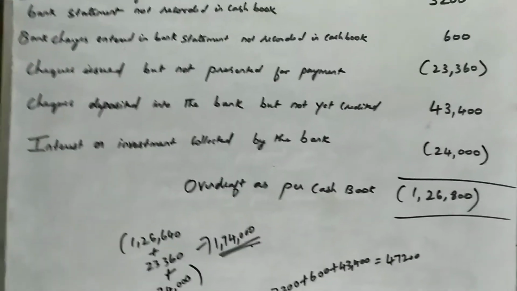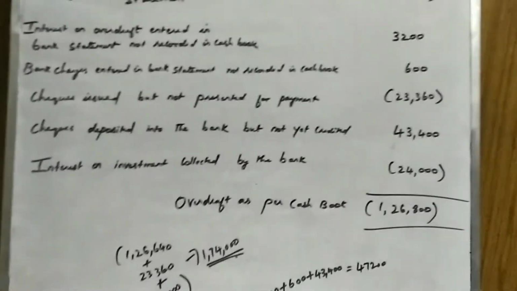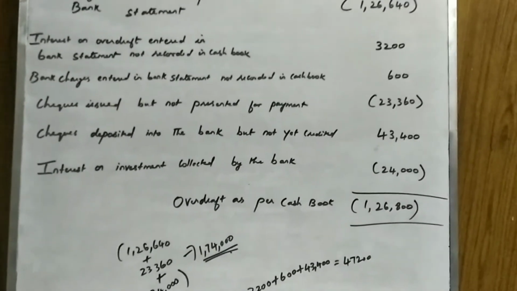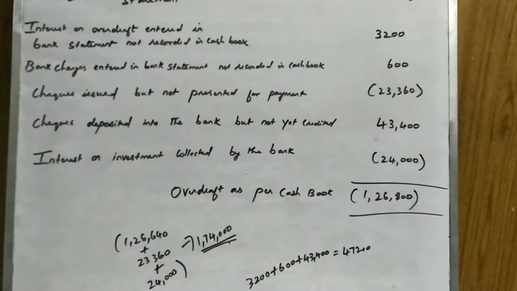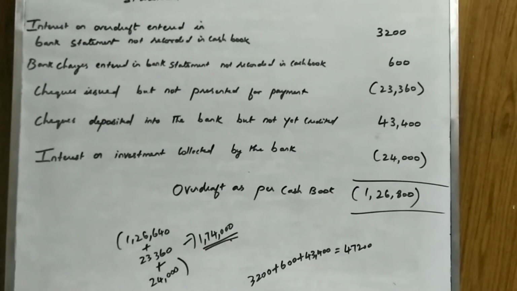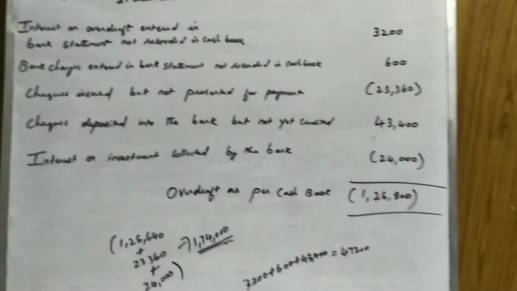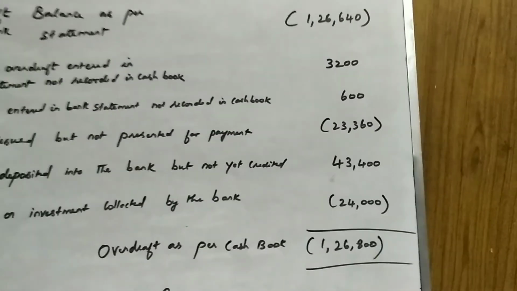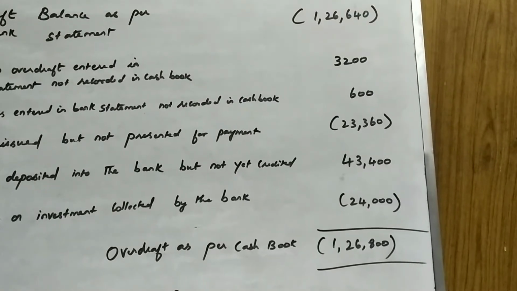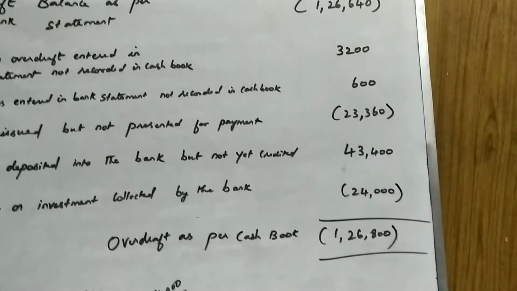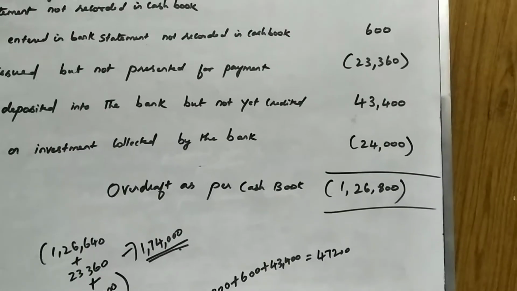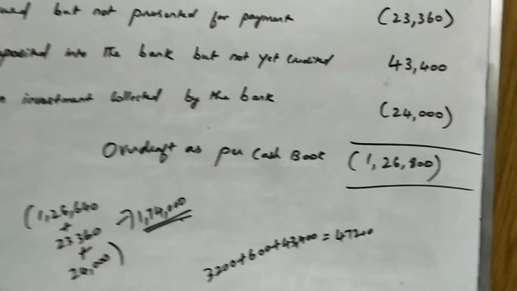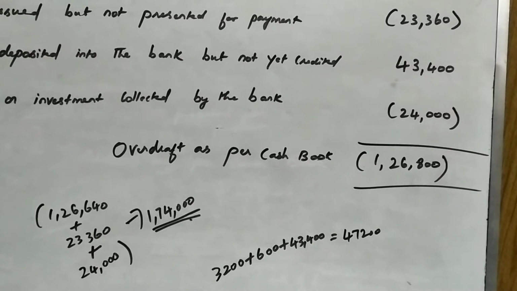Now the next step is we are going to add the items that are within the bracket. 1,26,640, 23,360 and 24,000. These three are added together, which comes to 1,74,000. Similarly, items without the bracket, 3,200 plus 600 plus 43,400. When you add these three things together, you get 47,200. Now the negative balance is more.